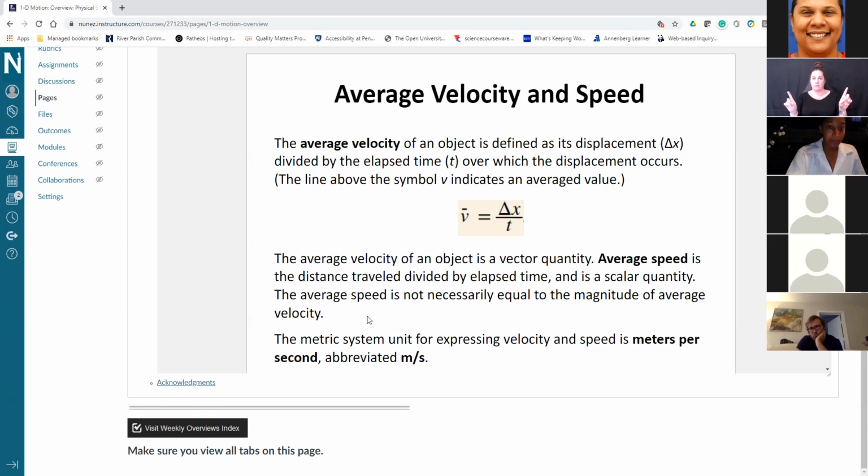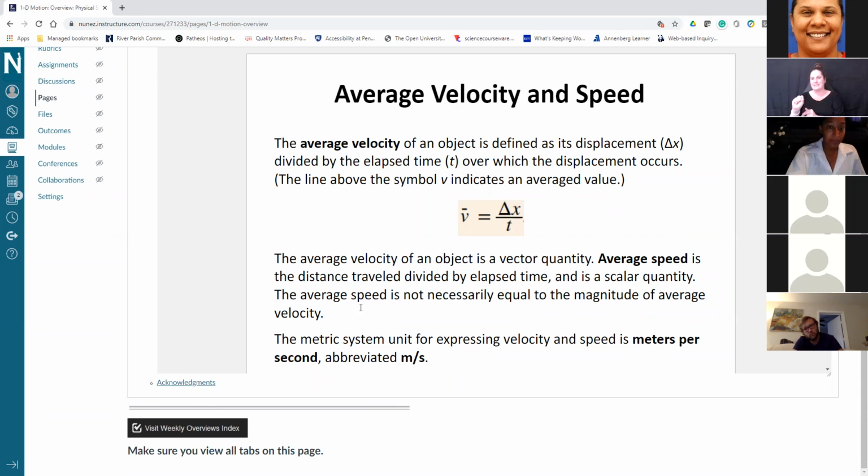Now, for both of these properties, velocity and speed, or average velocity and average speed, the unit in the metric system, remember we focus on what? SI units, right? The unit is meters per second, and we abbreviate that m for meters divided by s for seconds, meters per second.